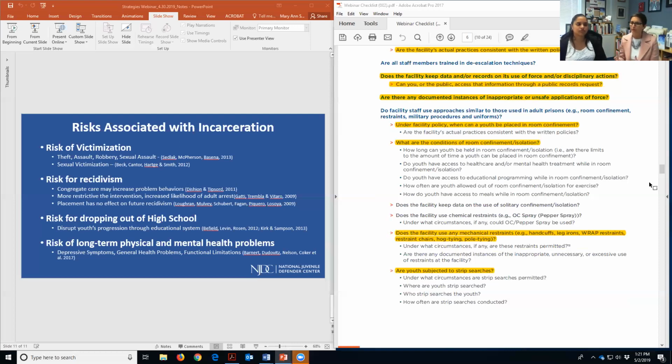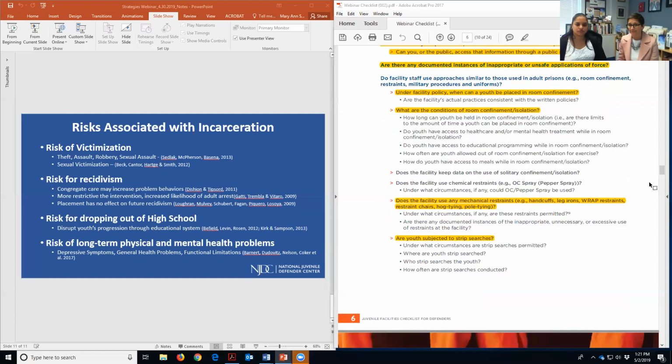But it's really important for us to understand the policies, what's allowed, how frequently those procedures are used, and even when they are, are they followed in a way that complies with what the policies say they should be doing? But just noting again how when we look at these practices in line with what's developmentally appropriate and what helps young people succeed, we know that all of these practices really counter what is best for young people and don't give them an opportunity for success.